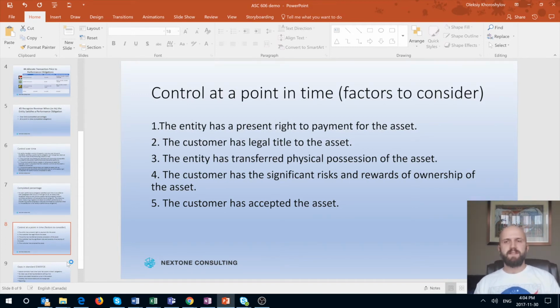The things to consider about control are these five points. For example, the entity has a present right to payment for an asset. The customer has a legal title to an asset. The entity has transferred physical possession of an asset to a customer, and hence the control is with the customer now, and we can recognize the revenue at a point in time.